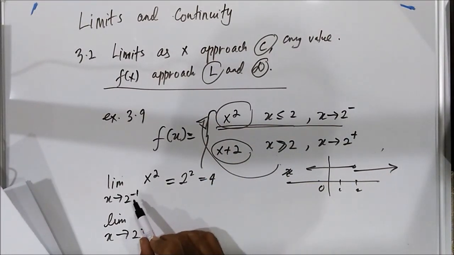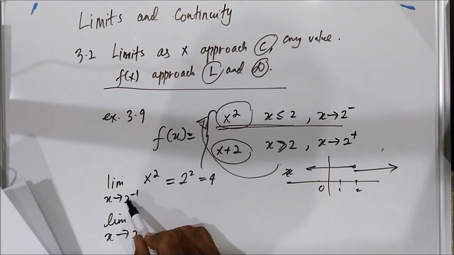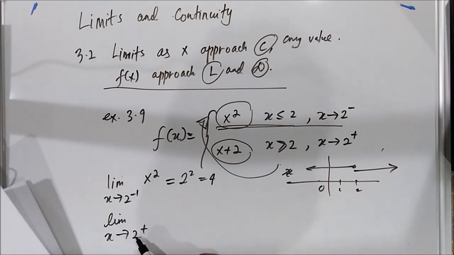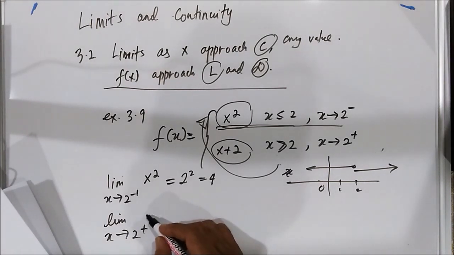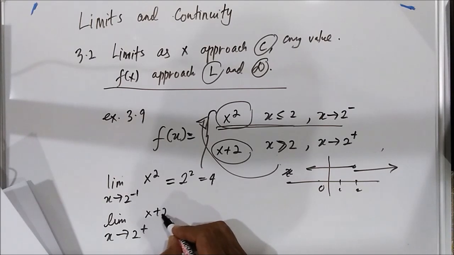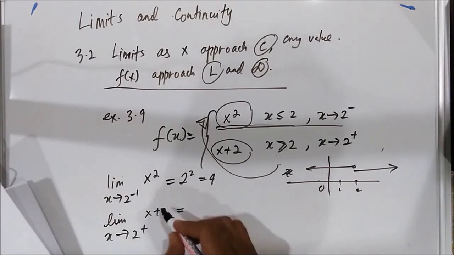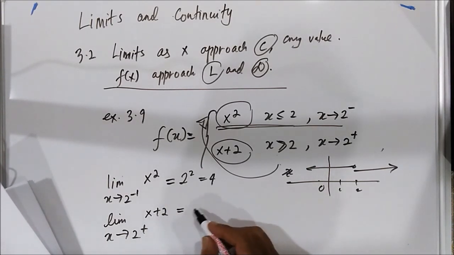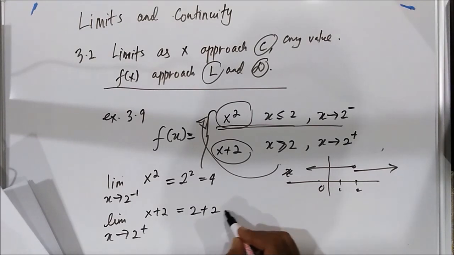So this is as x approaches 2 in the negative direction. Then for the limit as x approaches 2 in the positive direction, the function here is x plus 2. So if you substitute 2 into this function, you will get 2 plus 2 is equal to 4.